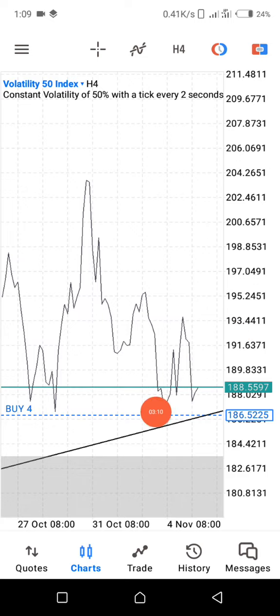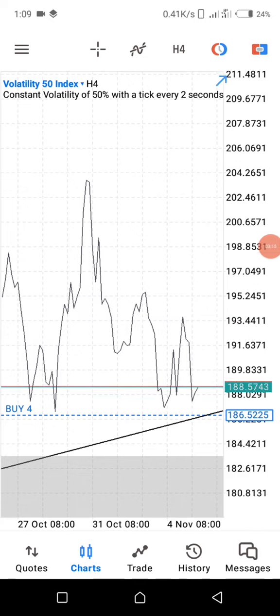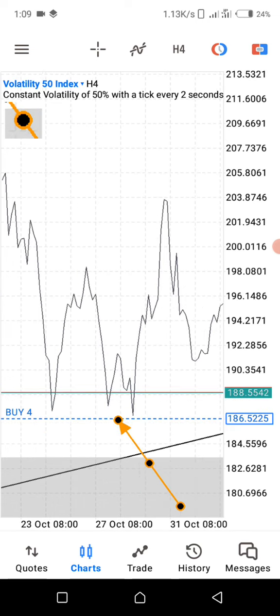Let me use this arrow. Can you see this? The support here, 2, right? If I keep going to the left, you see 3.